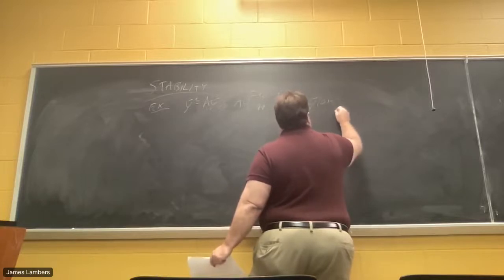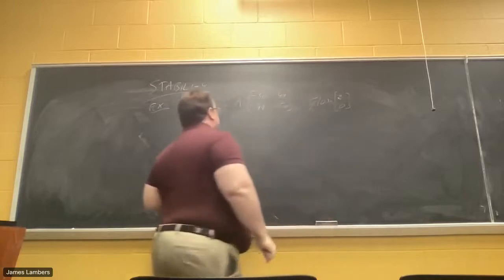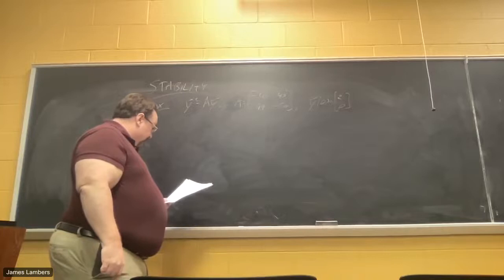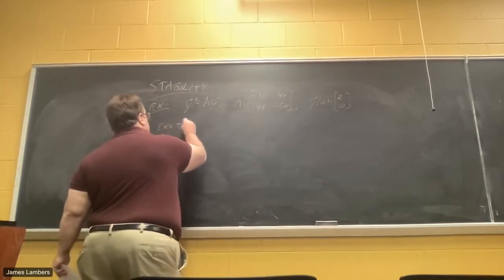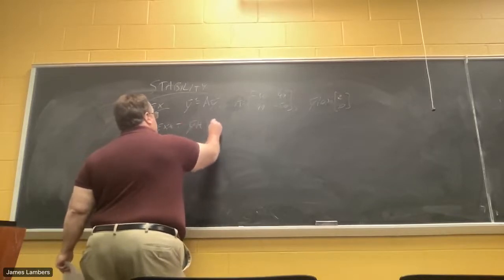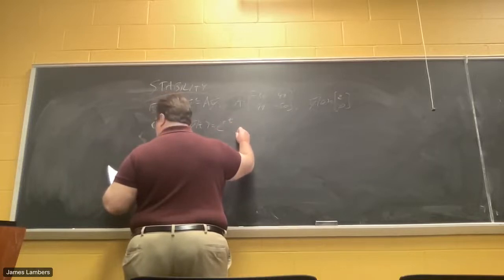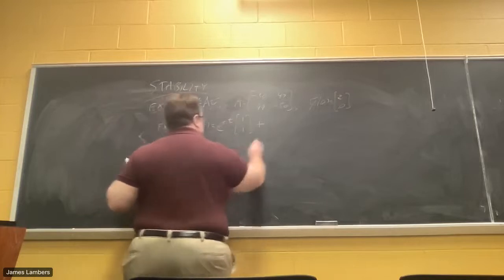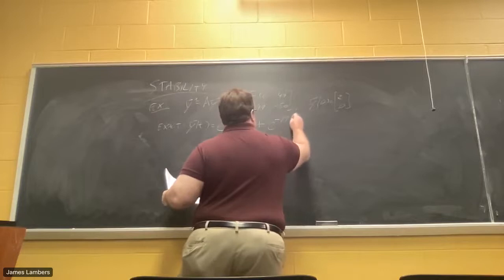So your initial data is 0. Now, the exact solution is e to the minus t times 1 plus e to the minus 99t times 0, minus 1.